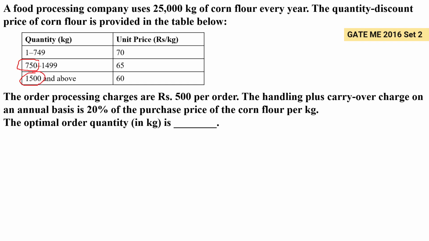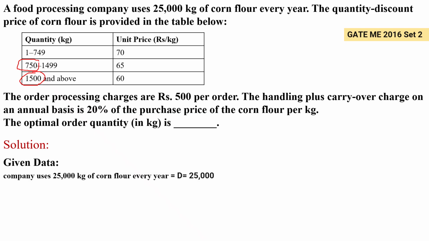The order processing charges are 500 rupees per order. The handling plus carry over charge on an annual basis is 20% of the purchase price of the corn flour per kg. Then the optimal order quantity is dash.